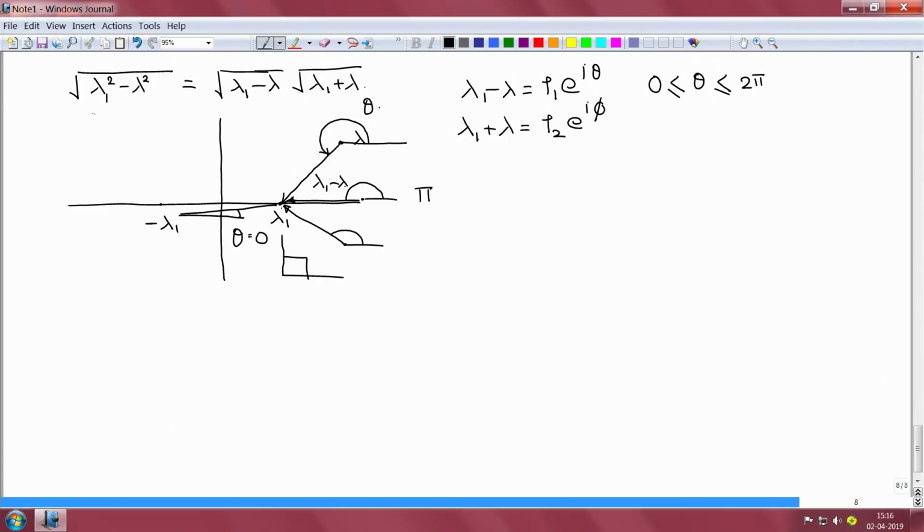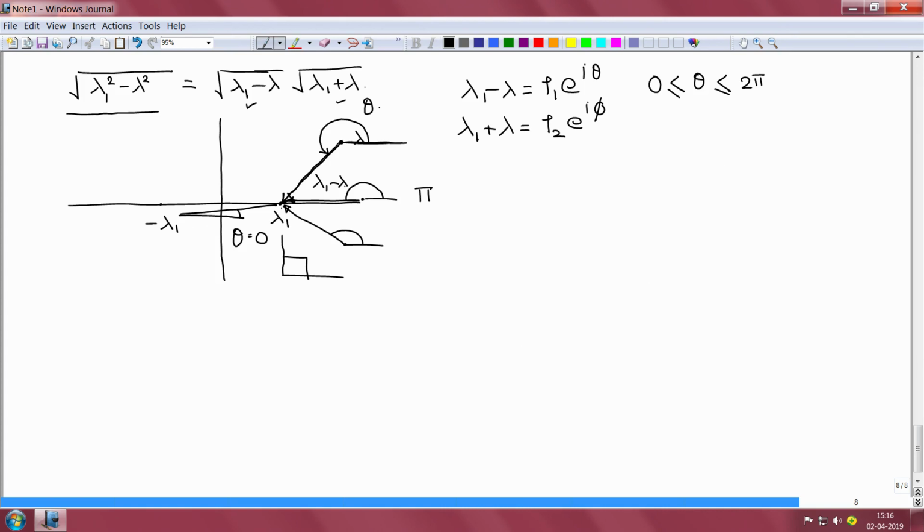Continuing on that, here we have the square root function given by square root of lambda 1 square minus lambda square, which breaks up into two pieces. So lambda 1 minus lambda is this phasor, starting fixed at lambda, and now the theta gets defined in this manner.